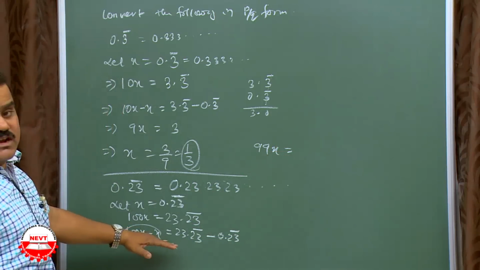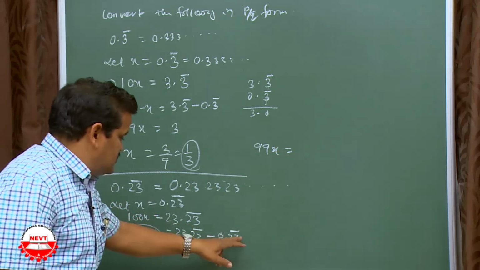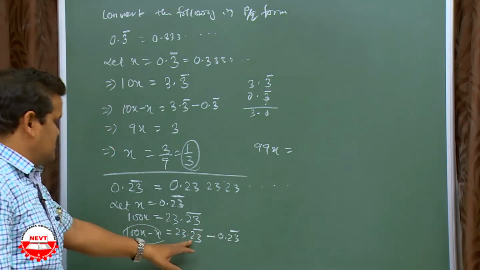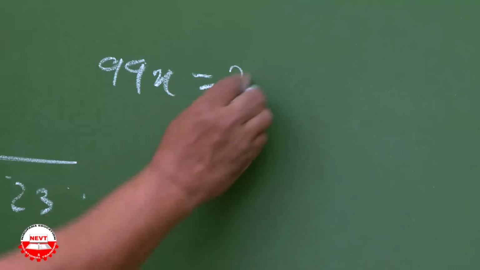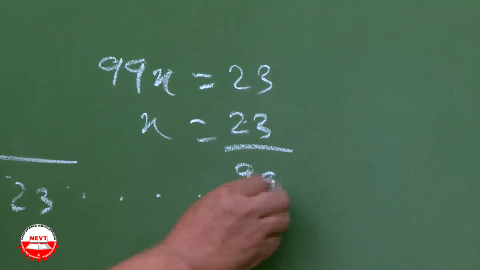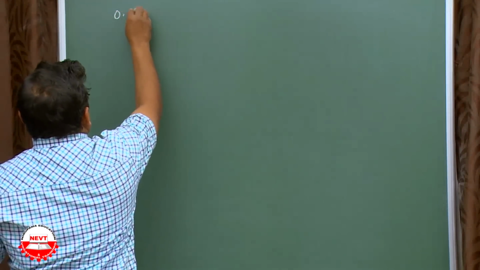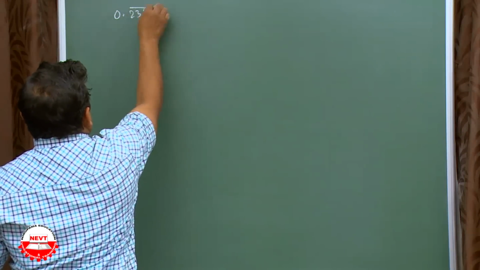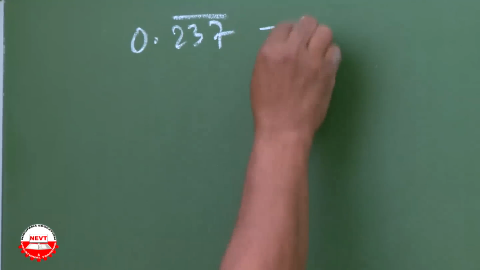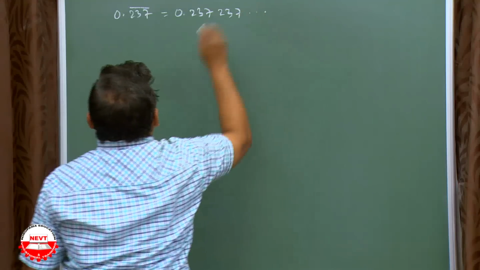The bar part will cut, only 23 will remain, so x is equal to 23 by 99. Next, 0.237 bar means 0.237 like this.